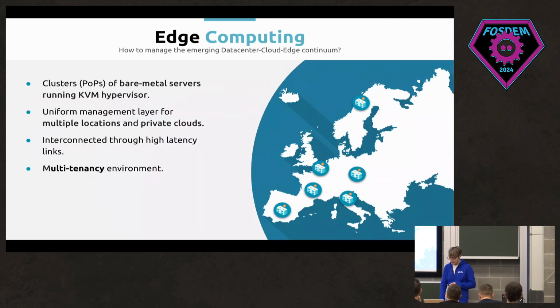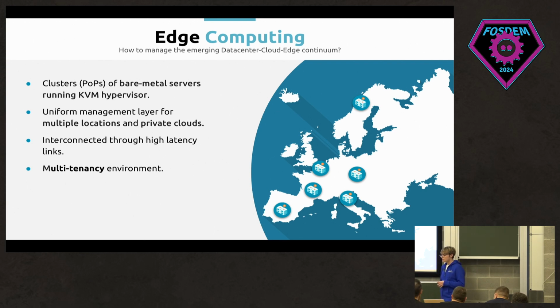So how can we manage all of this? How can we manage the applications in the Cloud-Edge Continuum? Well, first we need to have a set of clusters of bare metal servers, ideally running KVM, which is the most popular hypervisor.